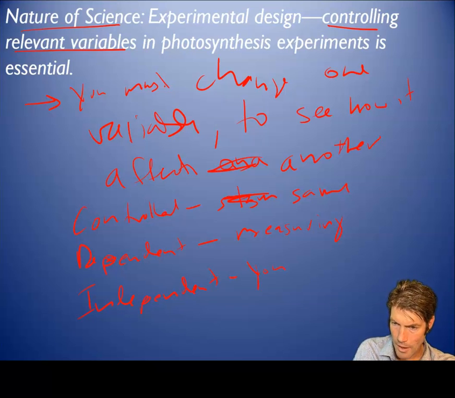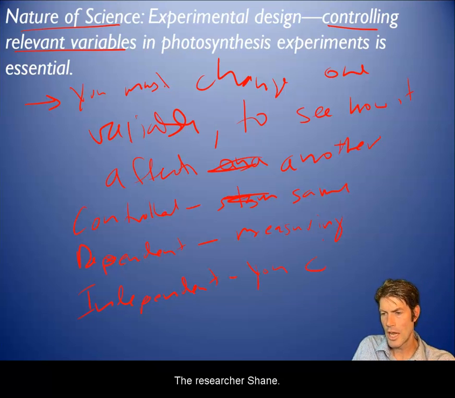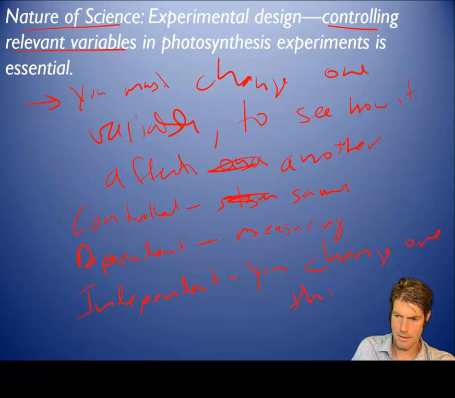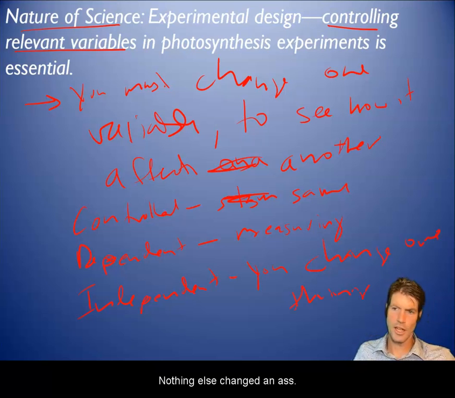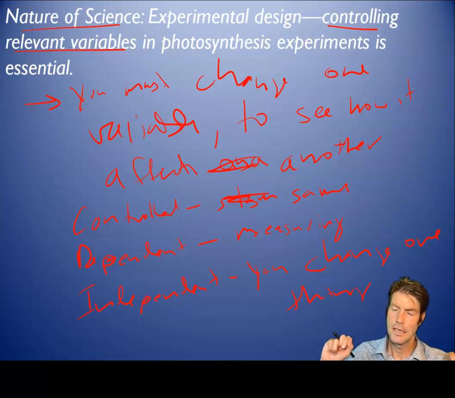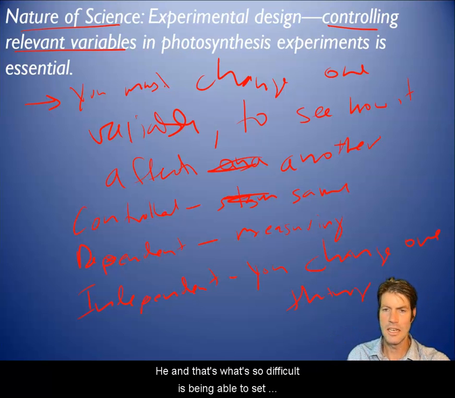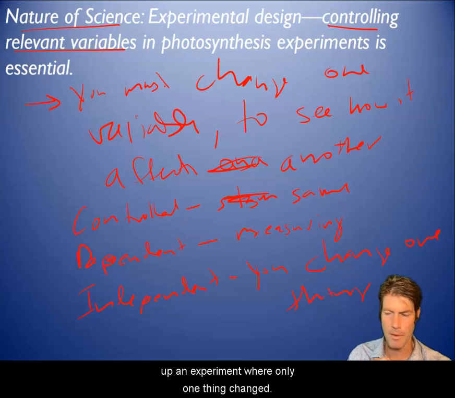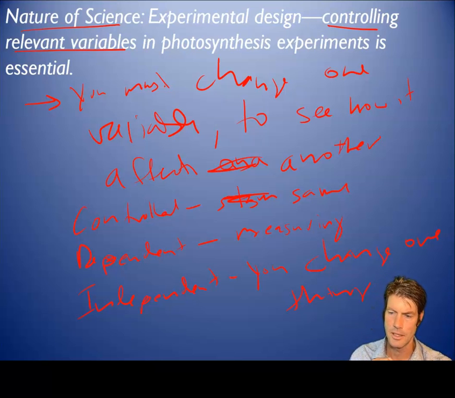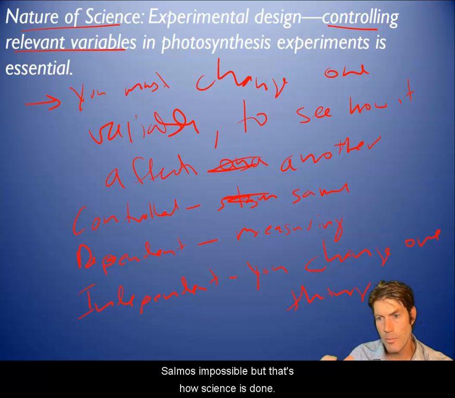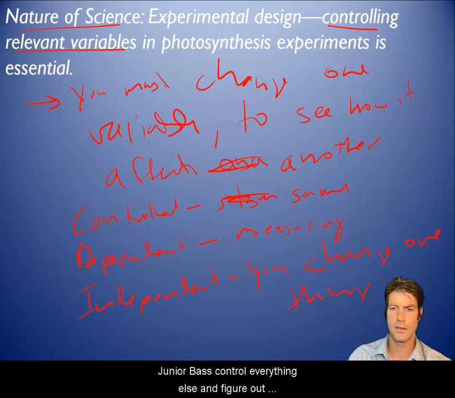Nothing else changes. And that's the key. And that's what's so difficult, being able to set up an experiment where only one thing changes. It's almost impossible, but that's how science is done. You're doing your best to control everything else and figure out if it works.